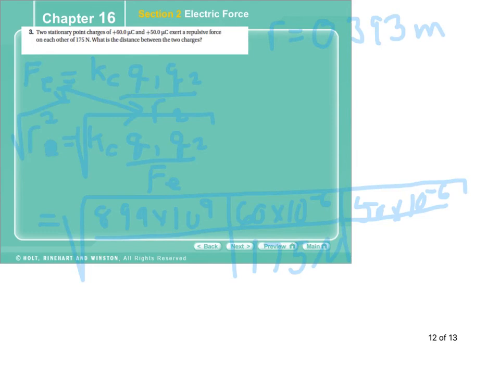And we run through all those calculations, and then square root it. And you should come up with that R being 0.393 meters.